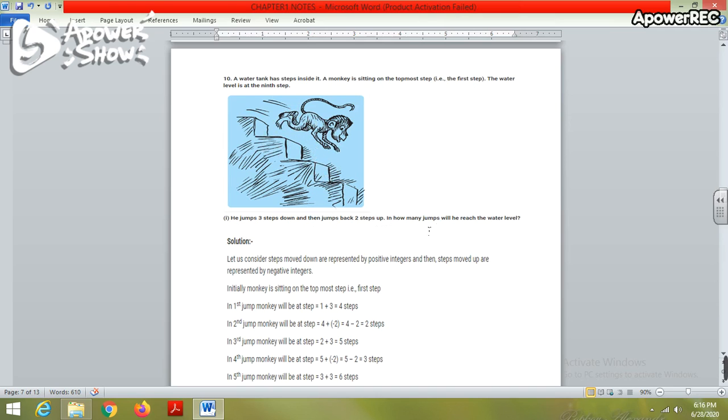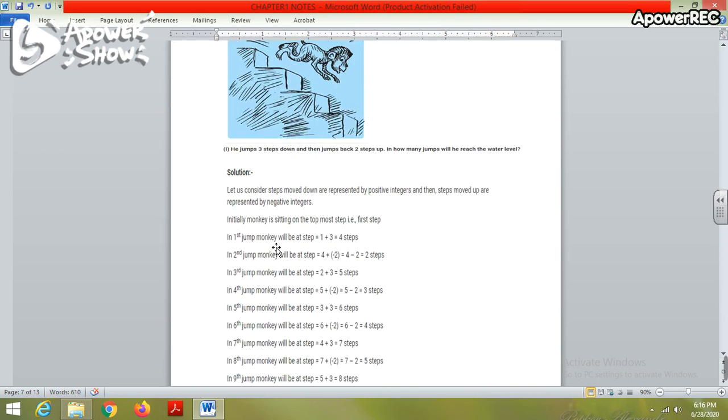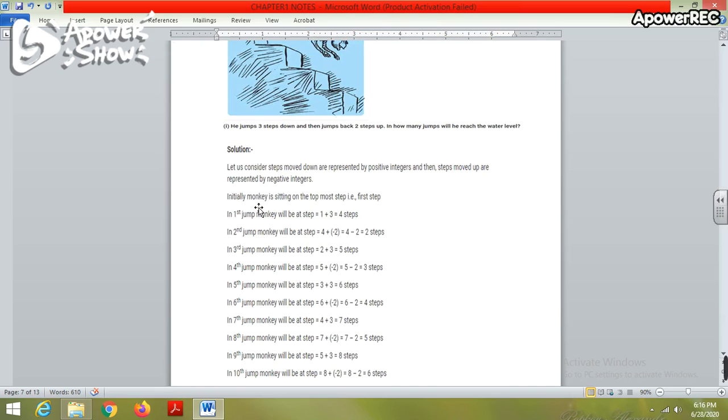So in how many jumps will he reach the water level? The water level is at the 9th step, so you have to find out in how many jumps he will reach the 9th step. So let's calculate this. Initially the monkey is sitting at the topmost step, that is the first step.